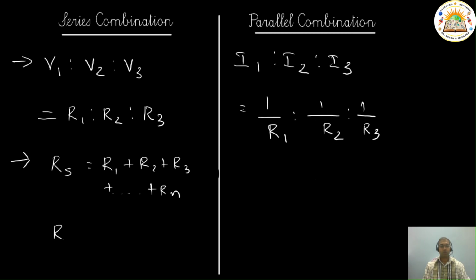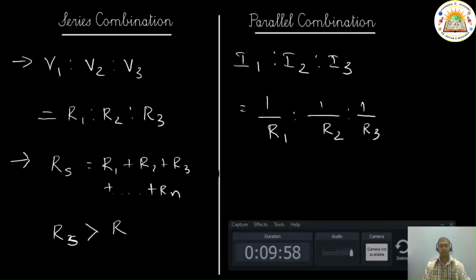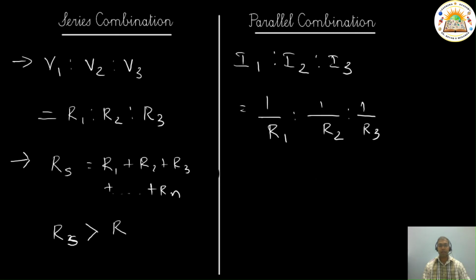That means the total resistance in series is going to be greater than the individual resistances, or Rs will be greater than the largest resistance. For instance, if I have 1 ohm, 2 ohm, 3 ohm, 3 ohm is the largest, but if I add them up in series, I'm going to get 6 ohms, which is greater than the greatest resistance.